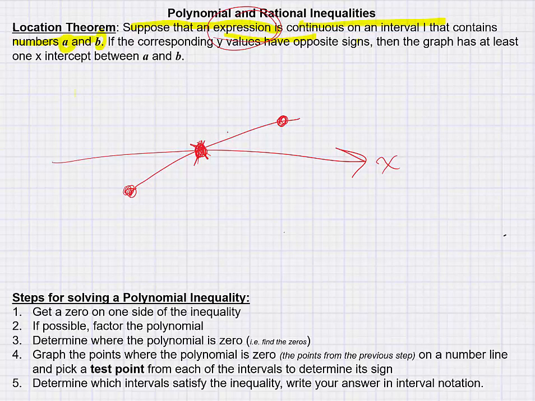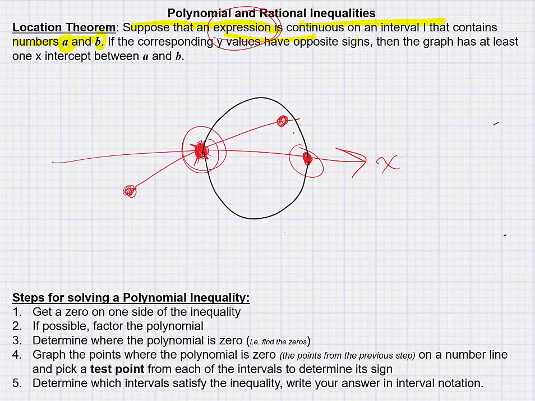But another way to say it is, if I have two x-intercepts, here and here, and I know these are the only two x-intercepts, then to get from point A to point B, I could either do this or I could do this.